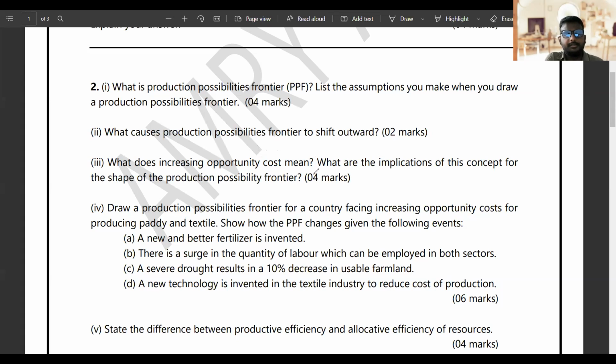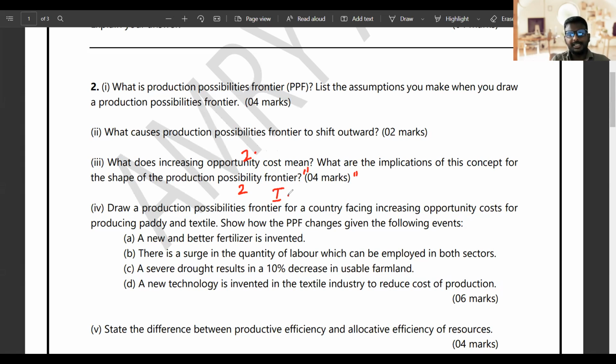Like I said, when you're doing your A level, you don't know how the scheme is going to be made. So what does increasing opportunity cost mean? You might think there are 2 parts to this question, and each part will get you 2 marks. What does increasing opportunity cost mean? You write it, and you think it will give you 2 marks. What are the implications of this concept for the shape?